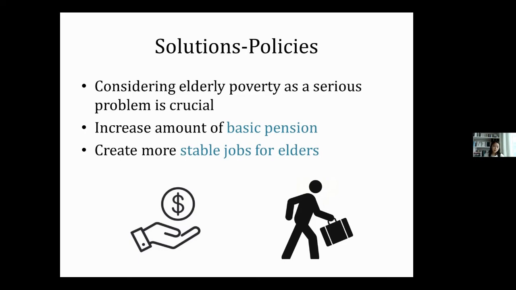Another solution is creating more jobs for the elderly. If they are able to have stable jobs with relatively high payment, they would be able to find a source of income as well as time to contribute their professional knowledge. Furthermore, this method will help reduce the competition for jobs between the young generation and the senior citizens.